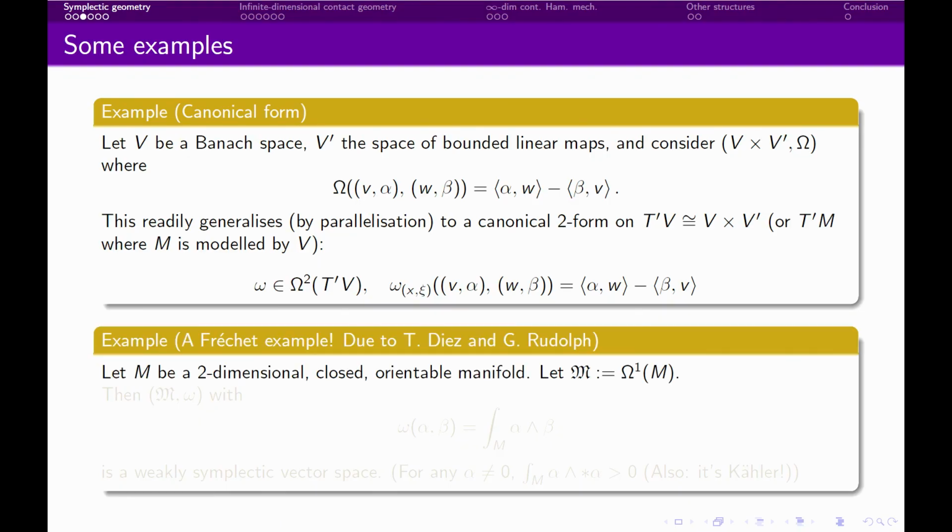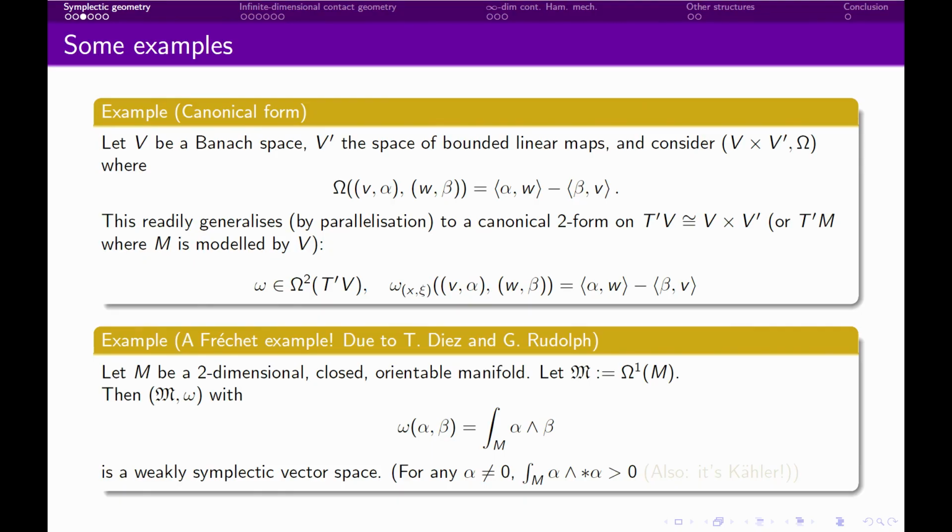And this is in particular a Fréchet example. Interestingly, I used this as an example in my paper recently, but I think I restricted it to a case where it actually is no longer Fréchet and is actually Banach. So sometimes these things can go wrong. Basically this is, in particular, a weak symplectic form because of the existence of the Hodge dual, which would take a little bit longer to explain.